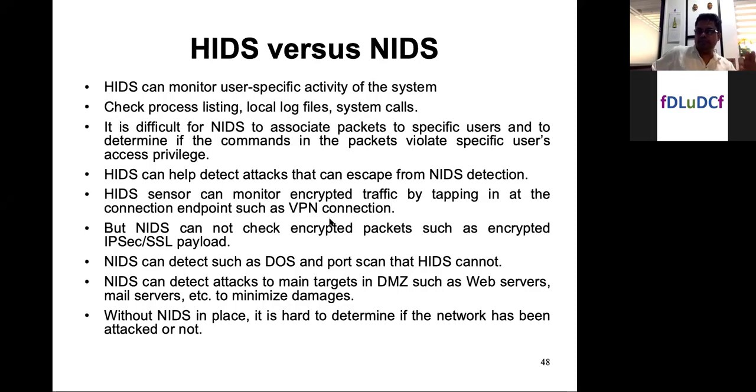Nowadays, most of the network traffic is encrypted. I mentioned we can use IPsec, we can use TLS. So the data traffic is encrypted. If the network traffic is encrypted, then NIDS cannot make good decisions. Same thing for the firewall as well, I forgot to mention.